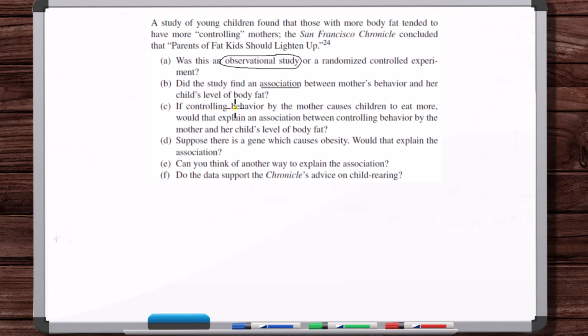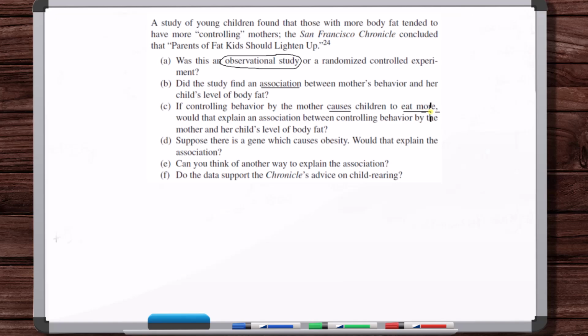If controlling behavior by the mother causes children to eat more, would that explain an association between controlling behavior by the mother and her child's level of body fat? Okay, if the mother's controlling behavior is what's causing children to do what? To eat more.